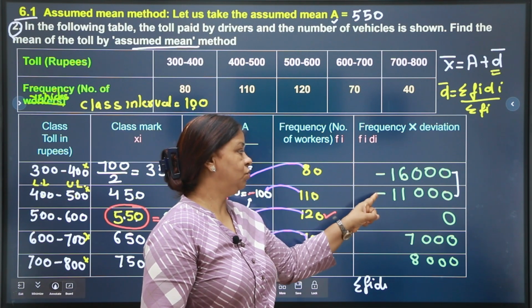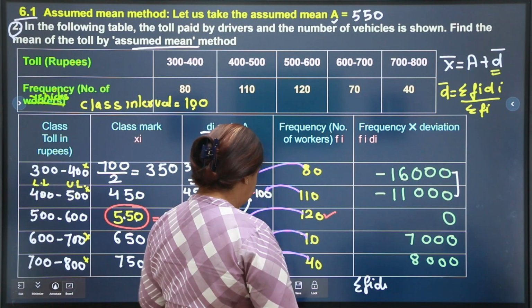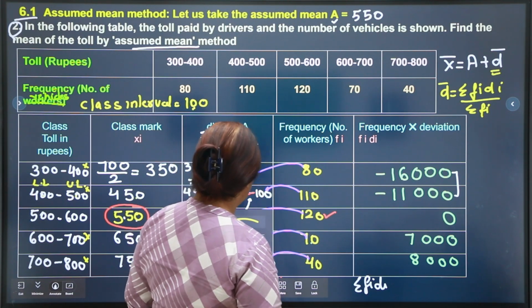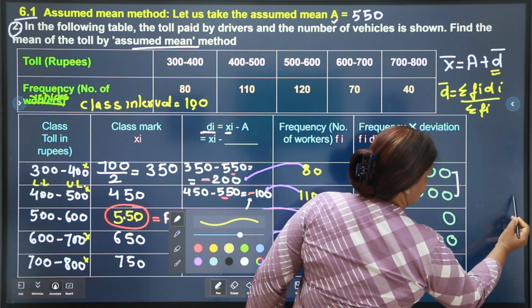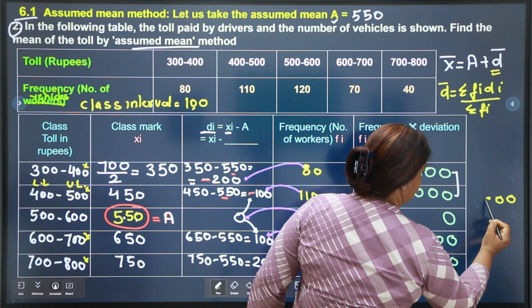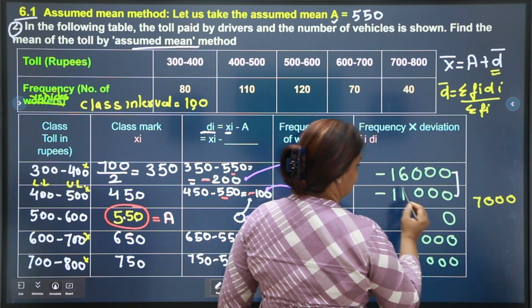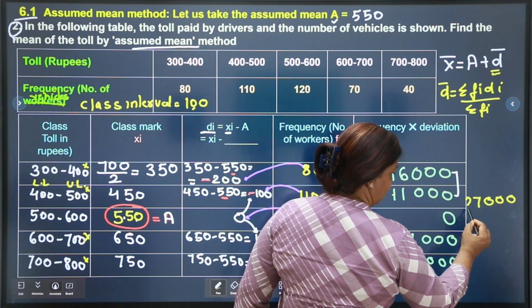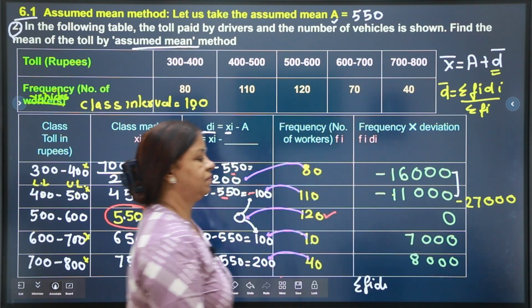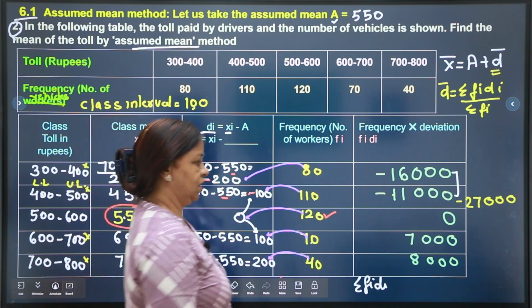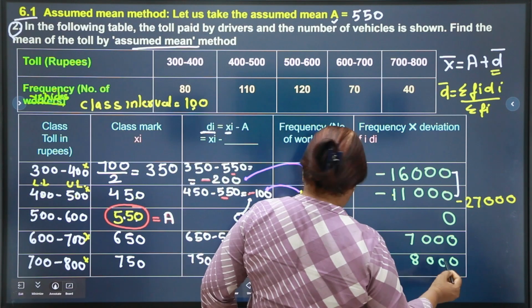Both are minus, both will be added, and what number am I going to get? 0, 0, 0. Then 6 and 1, 7. 1 and 1, 2. Minus 27,000.